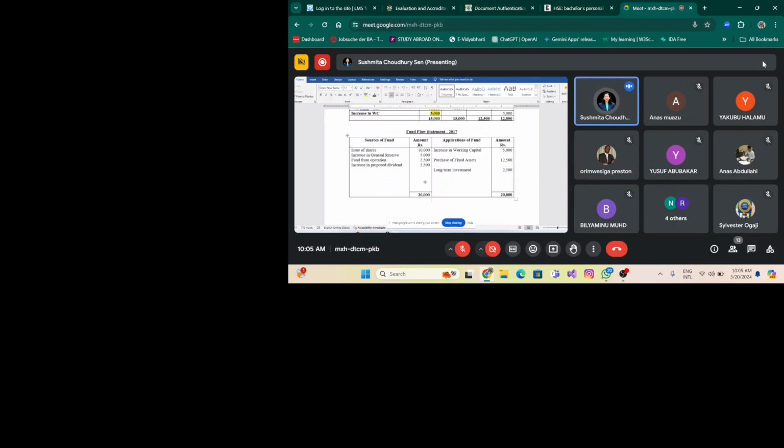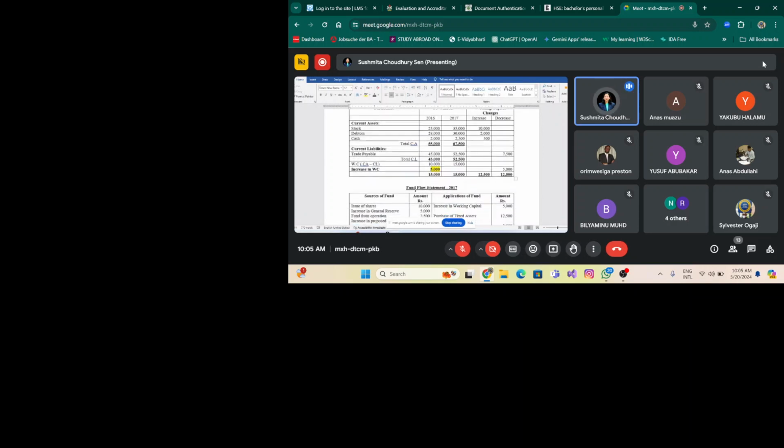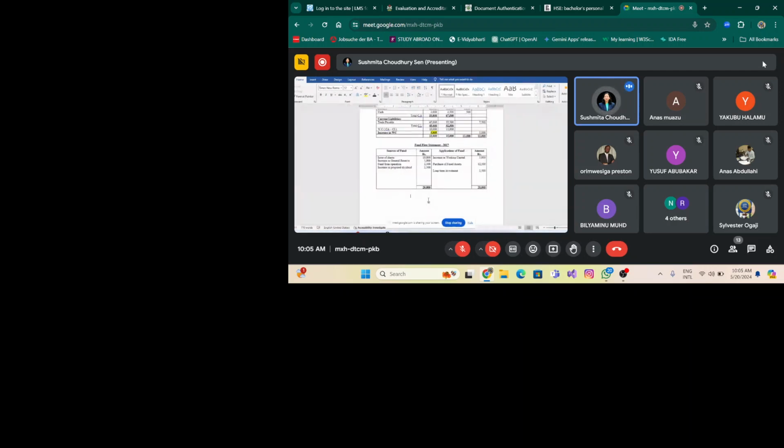The first section is working capital, where you have taken all the current assets and liabilities very efficiently, and the outcome is located in the fund flow statement, and the rest of the items you identified correctly and put in the correct place. That is why your total on both sides is equal, and you should always underline the total with double lines. Okay, so this is how you need to prepare the fund flow statement.